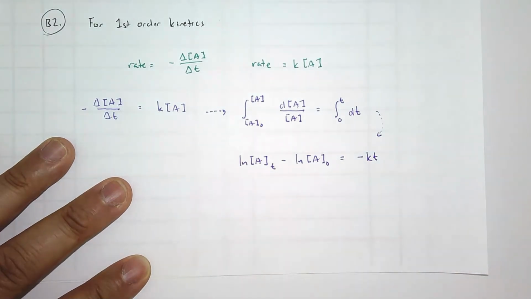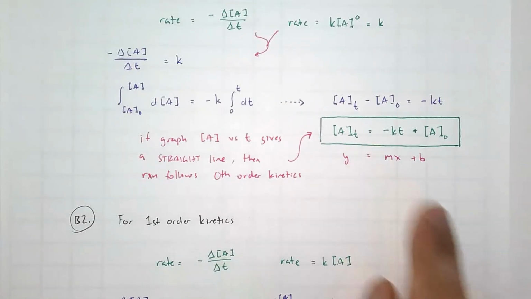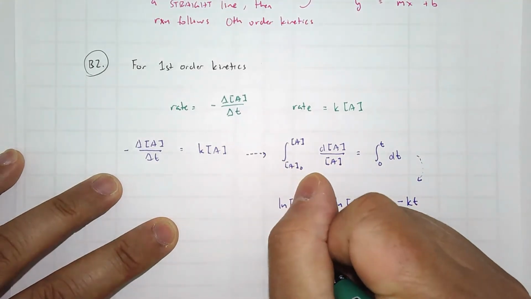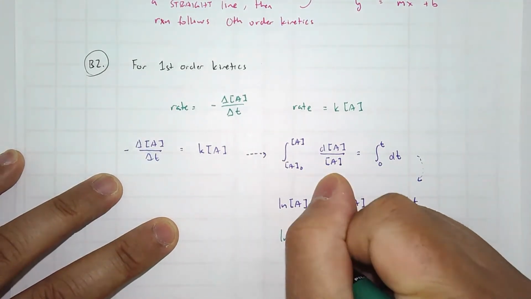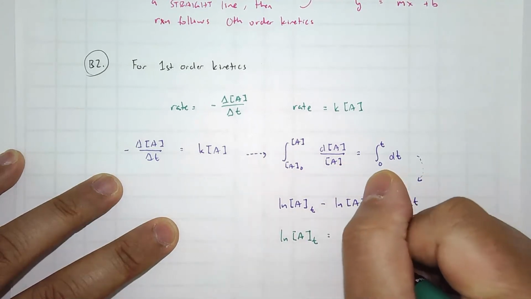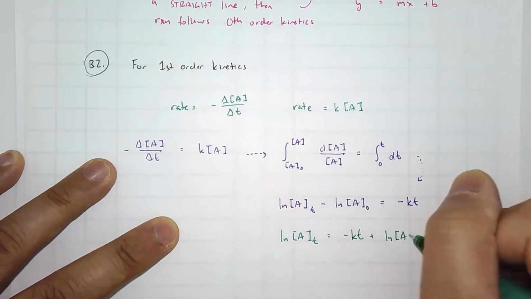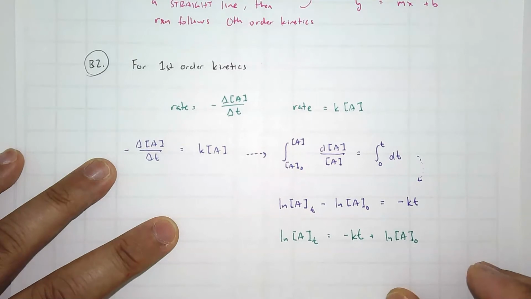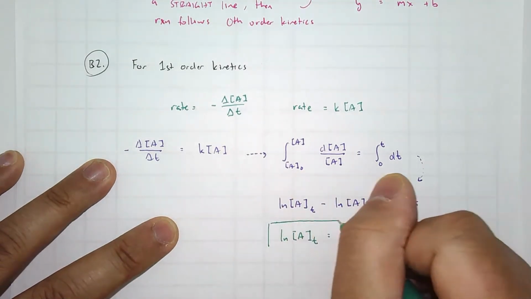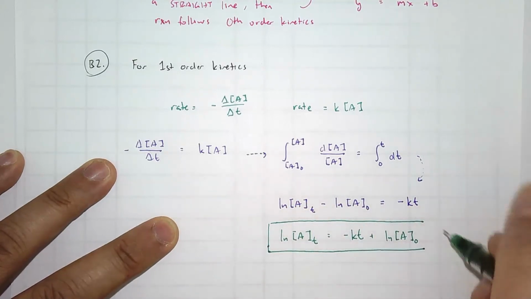And when we rearrange, just like we did up here for the 0th order kinetics, we get now this integrated rate law. ln of A at time t equals negative, again, kt plus ln of the concentration of A at the beginning at time 0. This is your second integrated rate law.